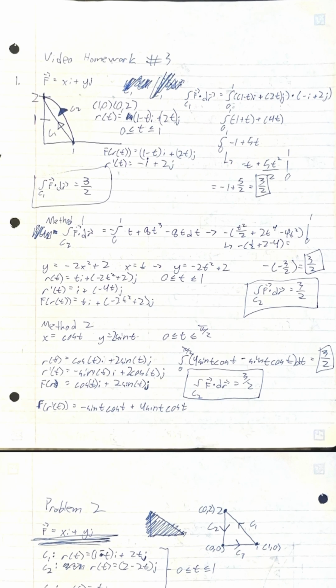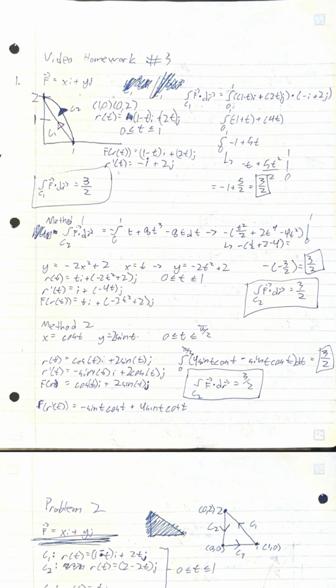You dot product those, and then you take the integral, which I showed on the right, then you plug in the bounds, and you get the answer 3/2. So the line integral of C1 is 3/2.